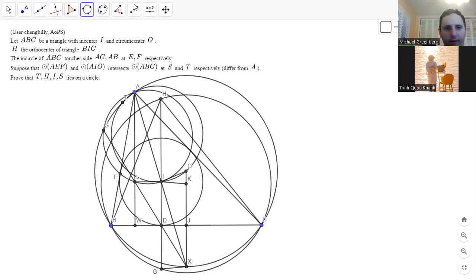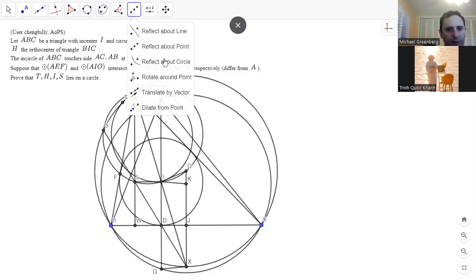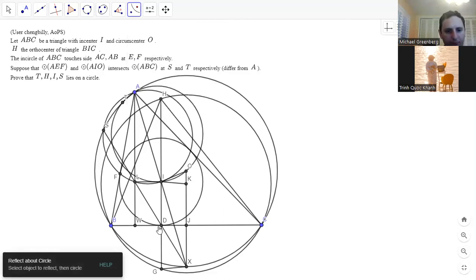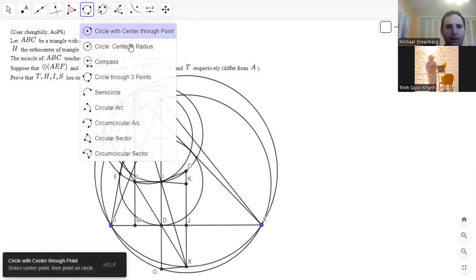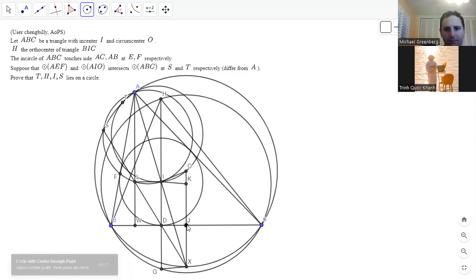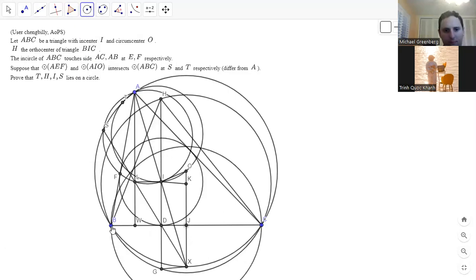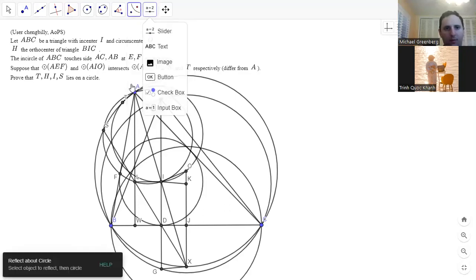Yeah, let's see where T and H go. Maybe it's something special. I'm trying to think how I would draw this. So yeah, let me do it like this. So I'm going to try that inversion. We want, yeah, let me use the compass.